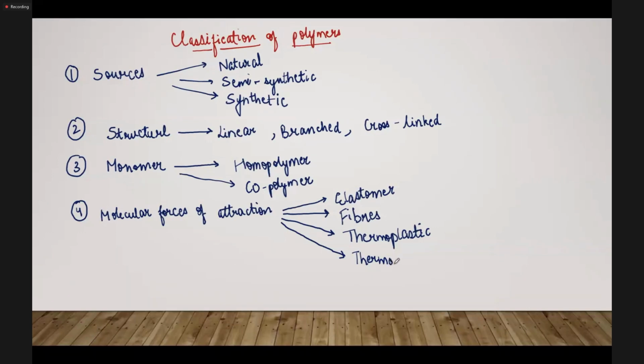And the last one we have is thermosetting. But how are thermosetting polymers different from thermoplastic? Thermosetting polymers, only when they are being produced or manufactured, can they react to the increase in temperature. After that, they become resistant to the change in temperature.